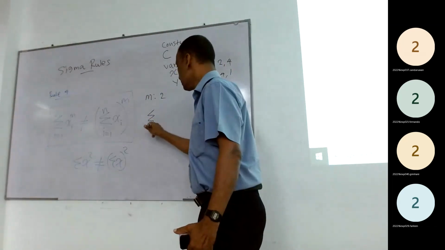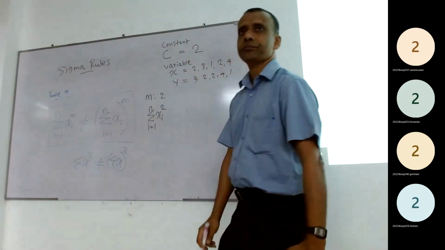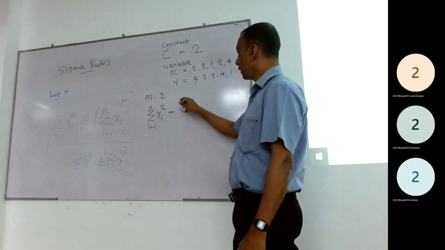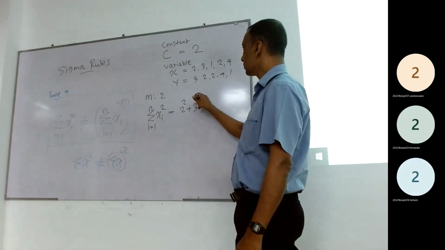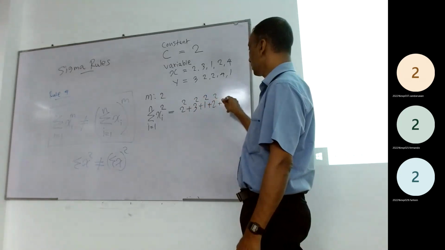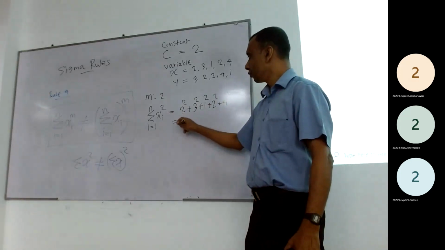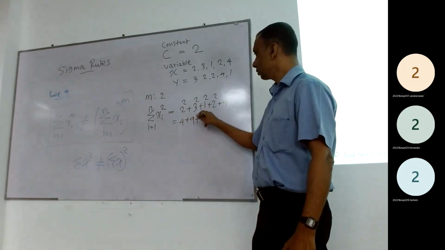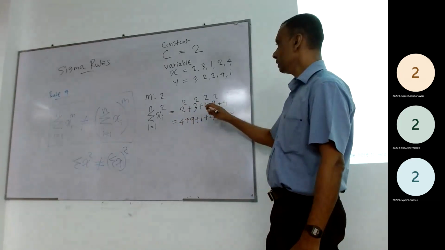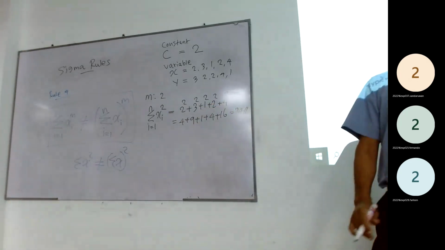Then sigma i equals 1 to n xi squared: 2 squared, 3 squared, 1 squared, 2 squared, 4 squared. That is 4, 9, 1, 4, 16. So 4, 13, 14, 18, 34. The answer is 34.